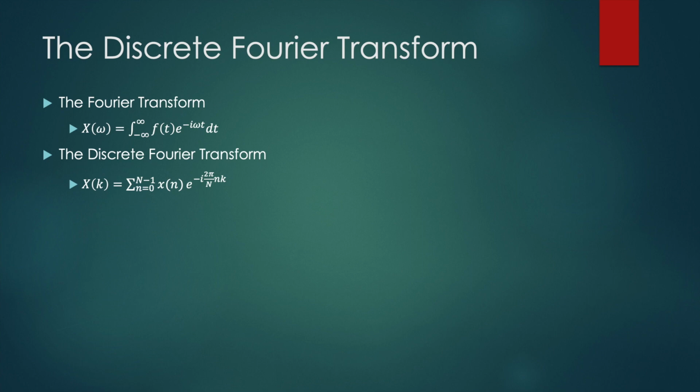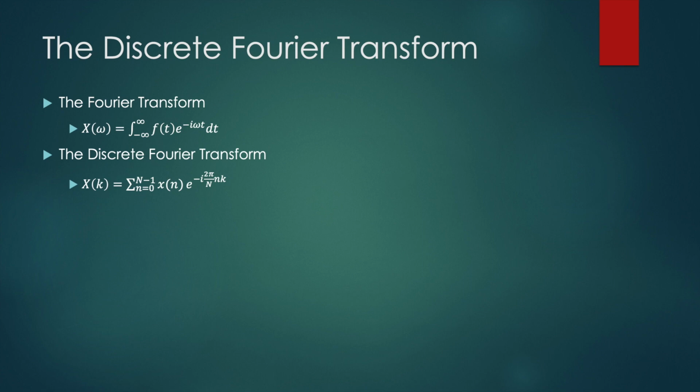For little n ranging from 0 to N minus 1, we can sample that complex exponential. And k will be the different frequencies we can sample at. And k will also go from 0 to capital N minus 1. Just because of the periodic nature of complex exponentials, anything more would be redundant. You'd be recycling discrete data you've already used.